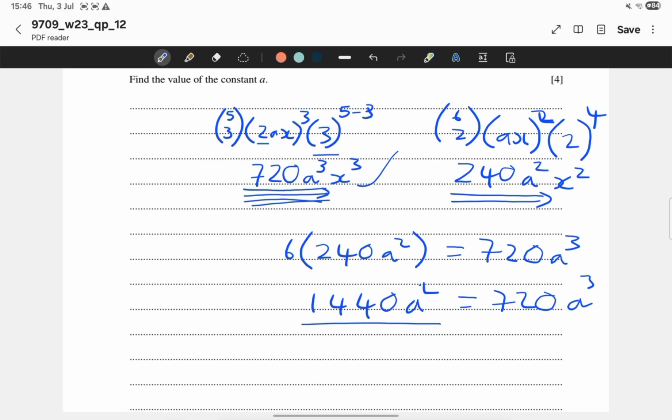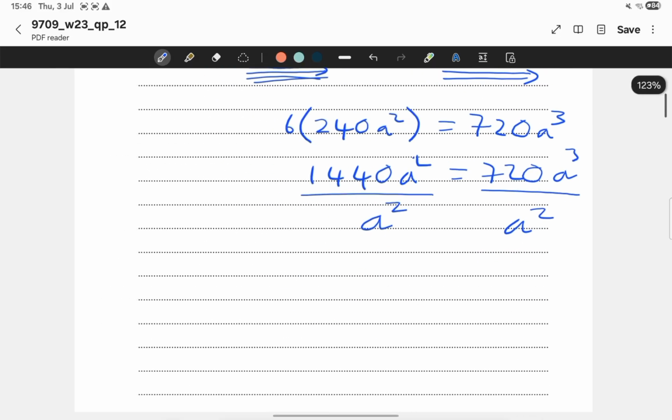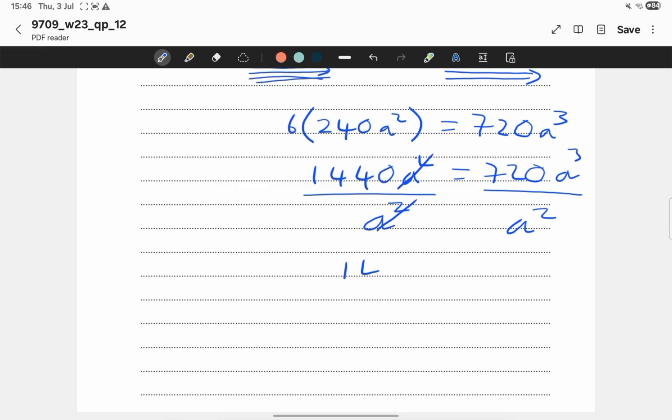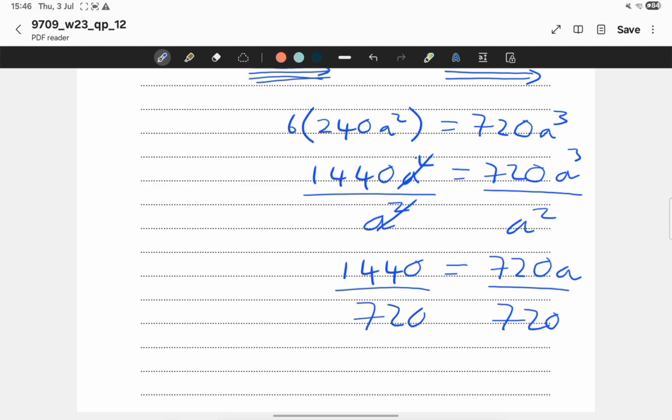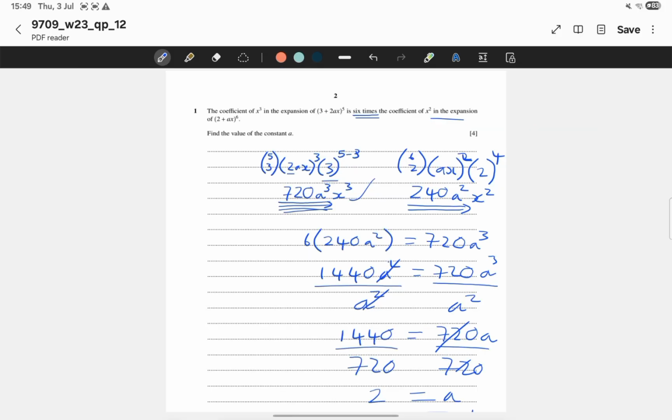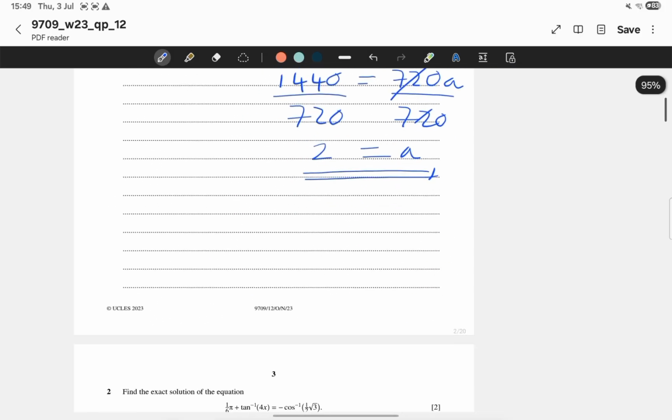We can divide both sides by a^2, which gives 1440 = 720a. To get a, we divide both sides by 720, and this gives 2, meaning a is equal to 2.